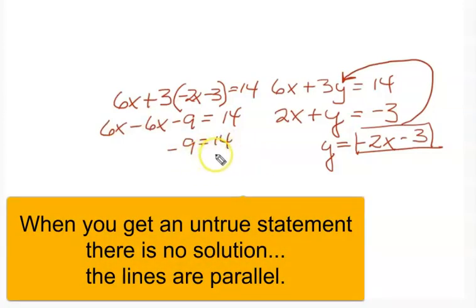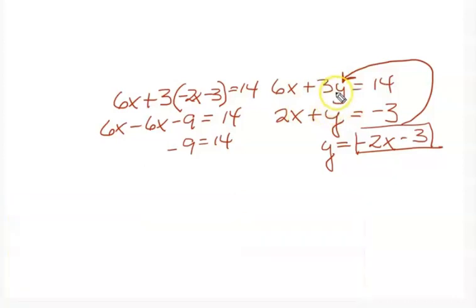That's not true. So whenever you get a situation like this, where you've eliminated something and you have an untrue statement, it indicates that these original equations were actually parallel equations, and there's no solution. They are inconsistent.